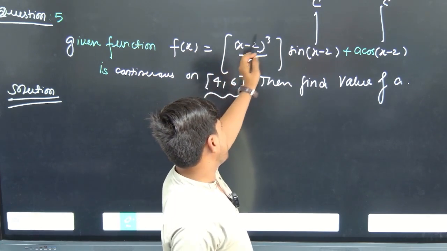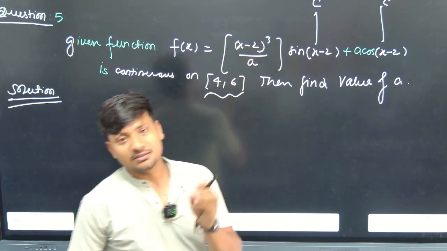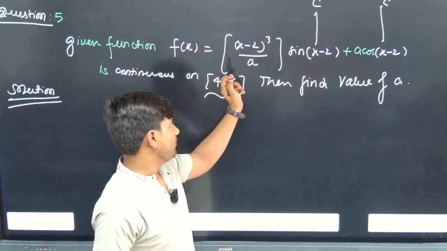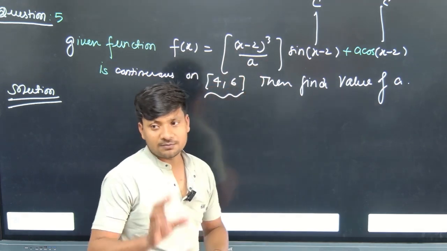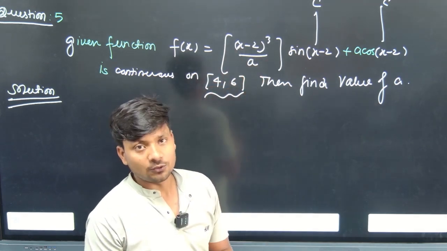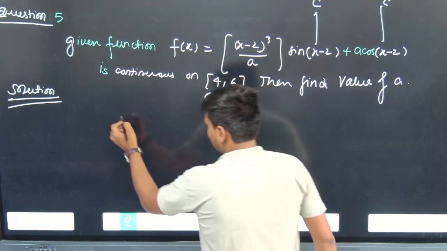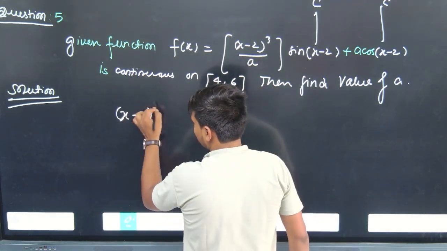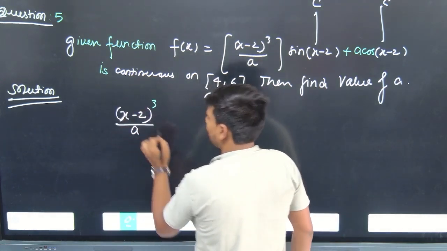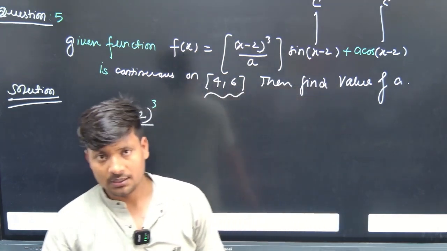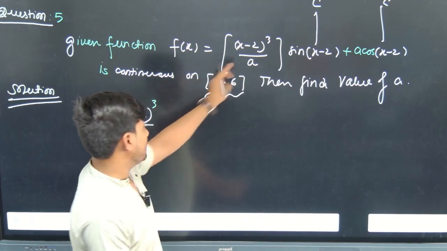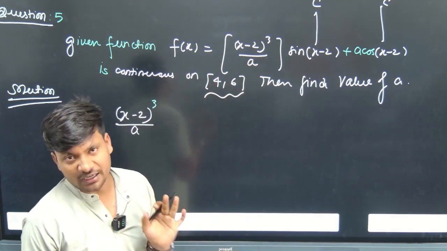So here we have to see that when (x minus 2) cube upon a is between 0 to 1, then the greatest integer of a number between 0 to 1 will be 0, right? So we need to focus on (x minus 2) cube upon a. Whenever this value is between 0 to 1, then greatest integer of this is 0 and hence the function becomes continuous, right?